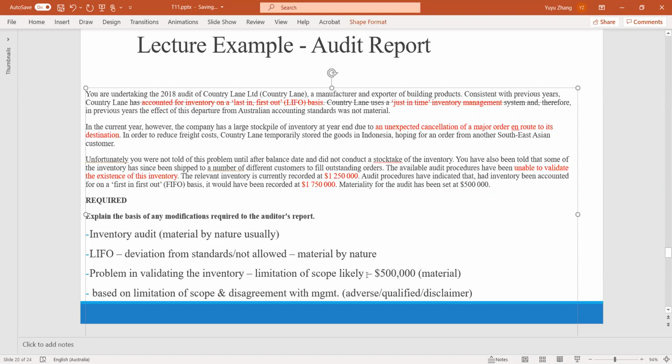Which one do you think is appropriate? If our analysis stops here, we could conclude there's something wrong with limitation of scope and also disagreement with management. But therefore, there might be 3 different options: adverse, qualified, or disclaimer, right? So in this situation, which one do you think is appropriate?